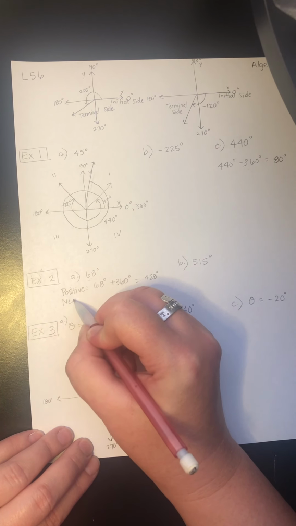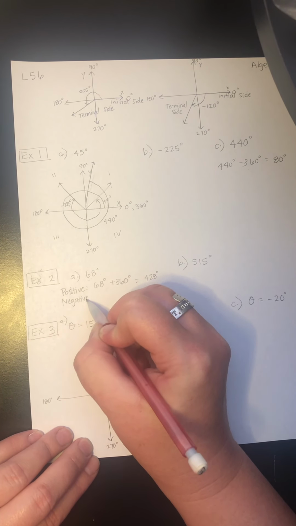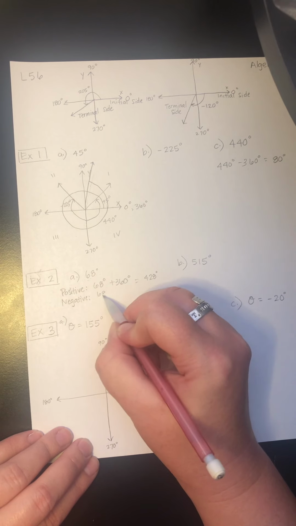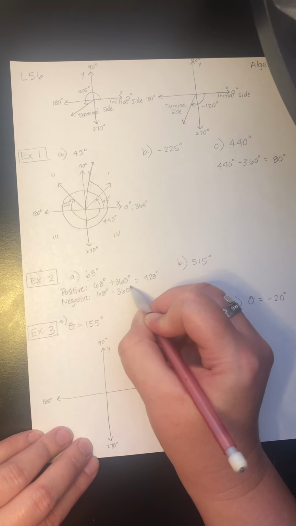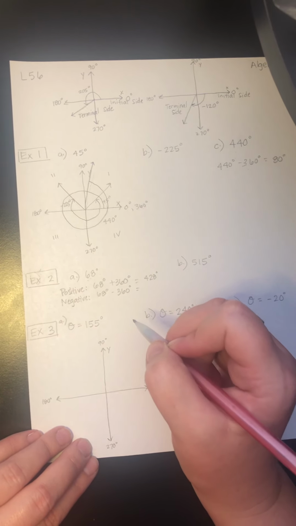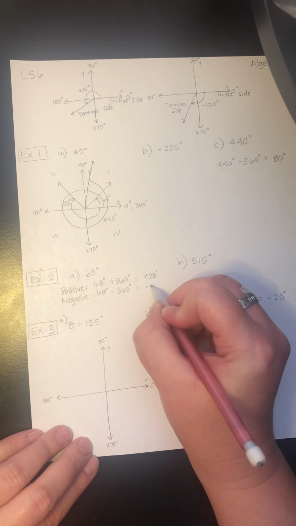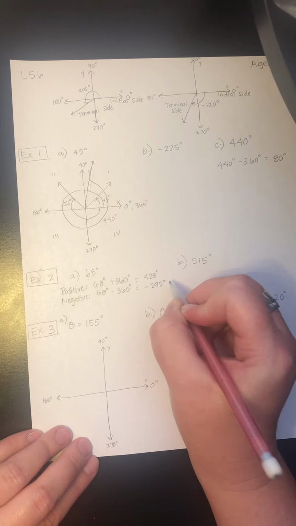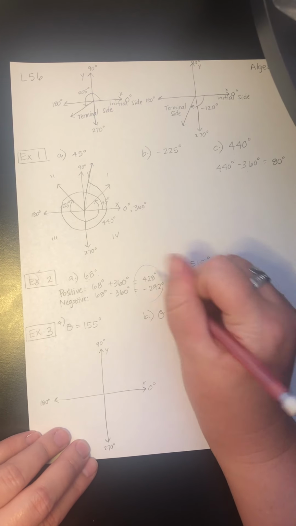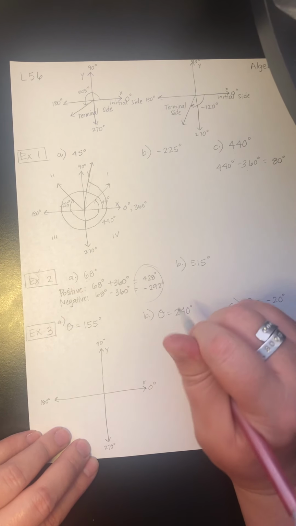Now for our negative coterminal angle, we're going to do 68 degrees minus 360. Let's see if we get a negative number, which we will. So 68 minus 360 is negative 292. Here's our positive angle and our negative coterminal angle.